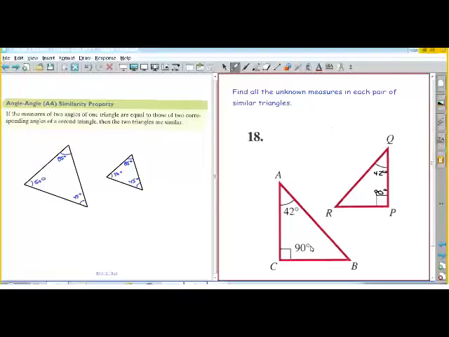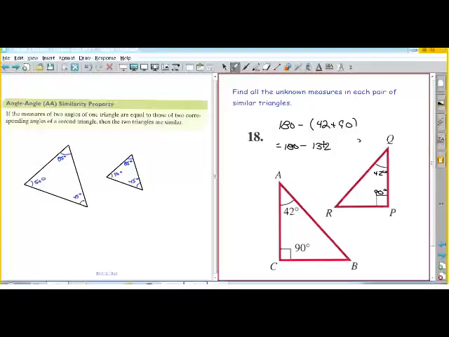So the remaining angle, we just use the same thing we did here. We take 180, subtract the sum of the other two angles. So we got 180 minus 132, which is 48. Oh, 42 and 90, which is 132.